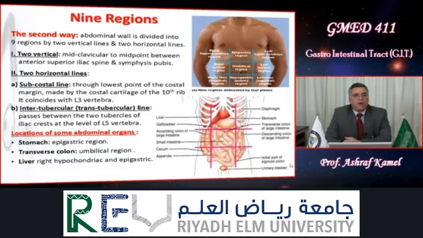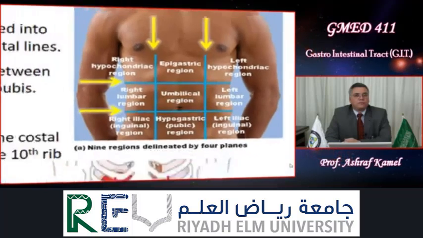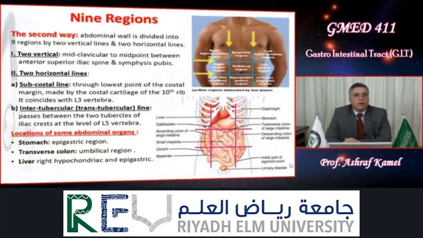Another way to divide the abdomen is to divide the abdomen into 9 regions by two vertical lines and two horizontal lines. The two vertical lines are from the mid-clavicular point to the midpoint between the anterior superior iliac spine and the symphysis pubis below at the upper thigh.